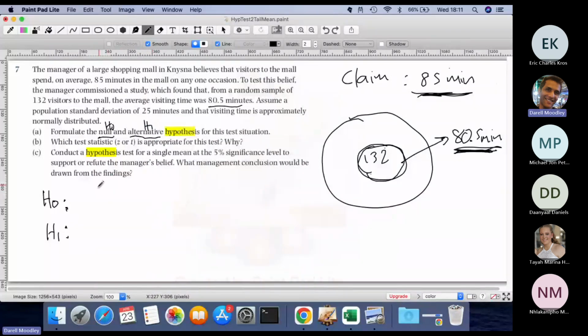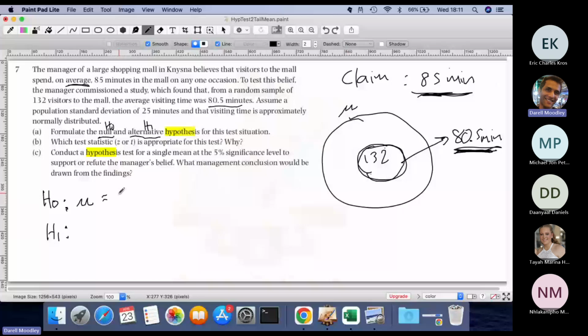Now, what the manager claims is that the visitors to the mall spend on average 85 minutes. So the average, and this is a key word here, average. This manager believes that the true average, in other words mu, is 85. And that's what H0 is: mu equals 85.